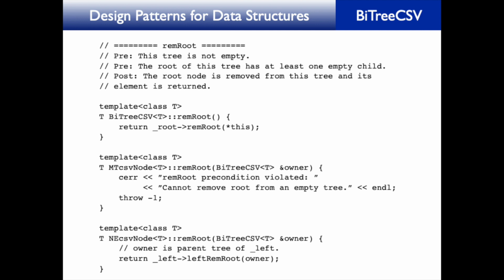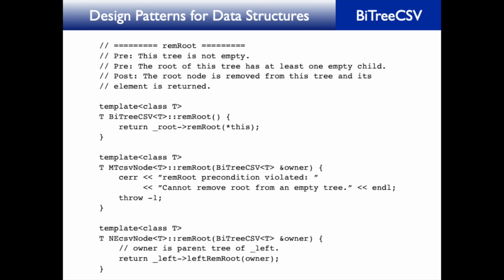Now, if this tree is empty, then the empty node version is called, and that empty node version implements the precondition violation. On the other hand, if this tree is not empty, the tree version of remroot calls the non-empty node version of remroot because this tree is not empty.